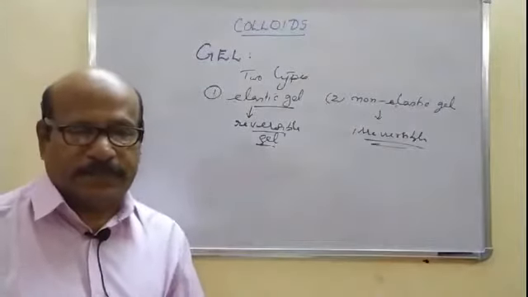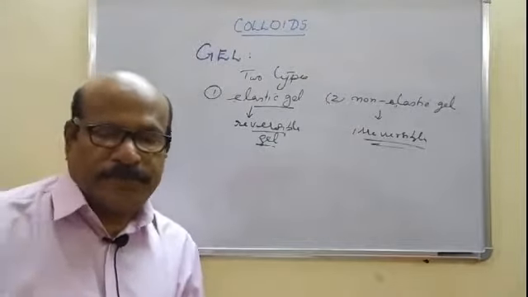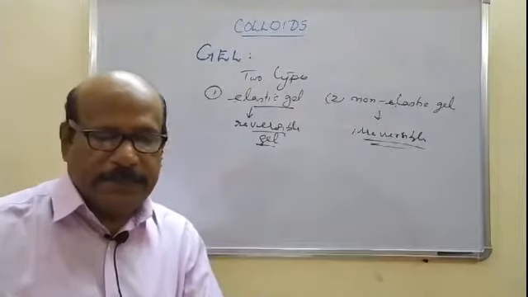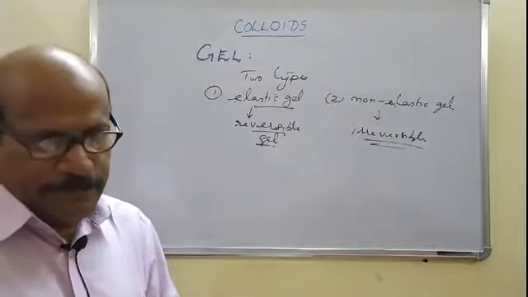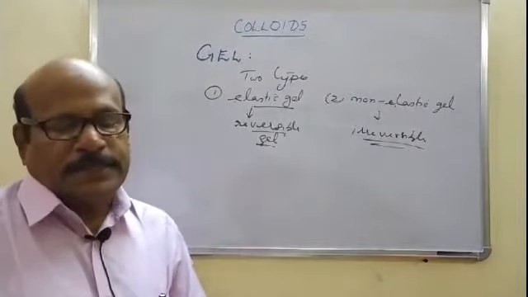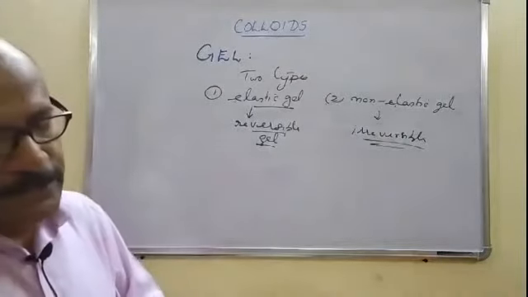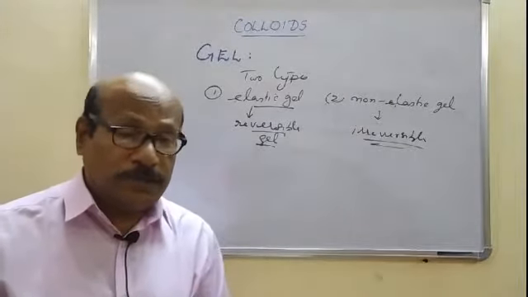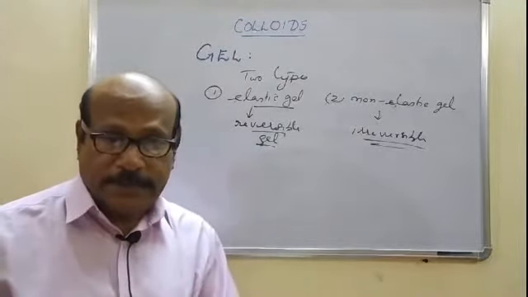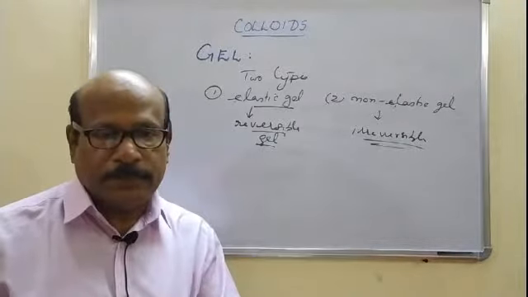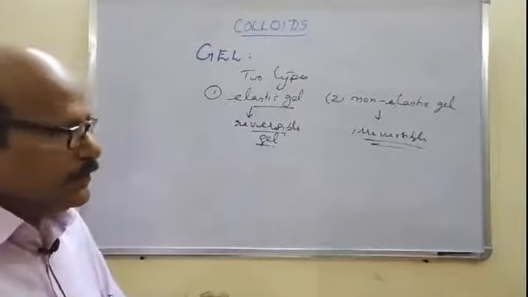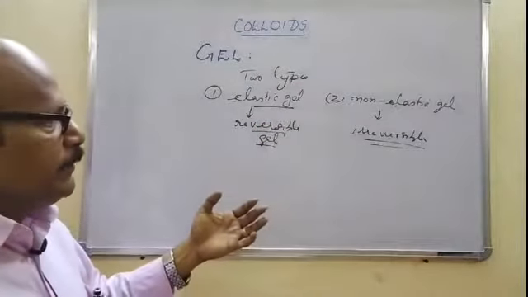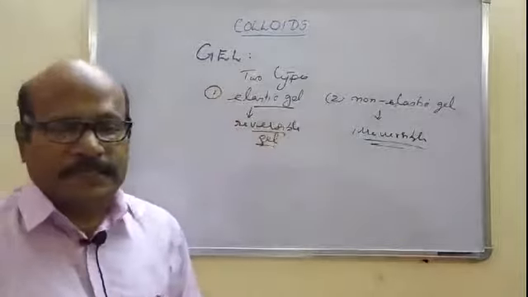Imbibition followed by swelling. The property of any gel is that when it is soaked or dipped in a liquid medium or dispersion medium, like water, it will take up a large quantity of water. That process of taking up a large quantity of water by gel is called imbibition, and it is usually shown by elastic gel.